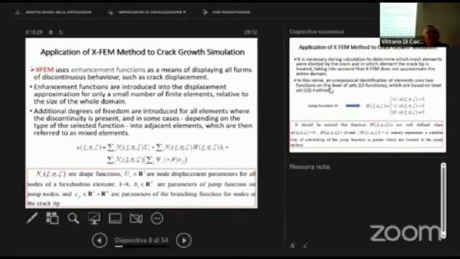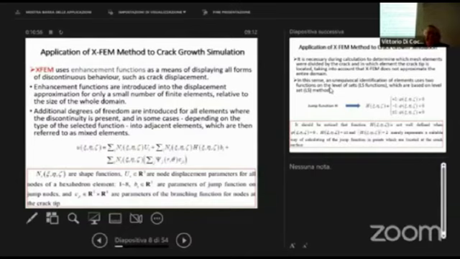XFEM actually uses so-called enhancement functions as a means of displaying all forms of discontinuous behavior, namely cracks, of course. So it is a partly analytical solution for a certain number of elements, for those that are either at the crack faces already or in front of the crack.